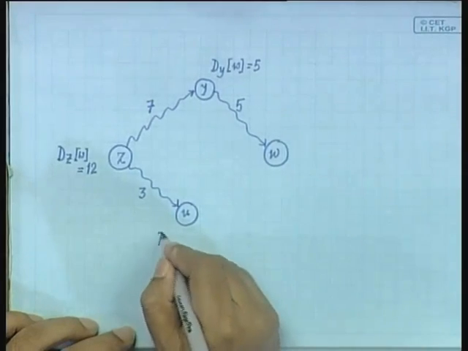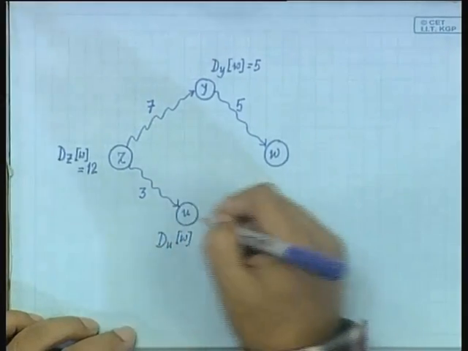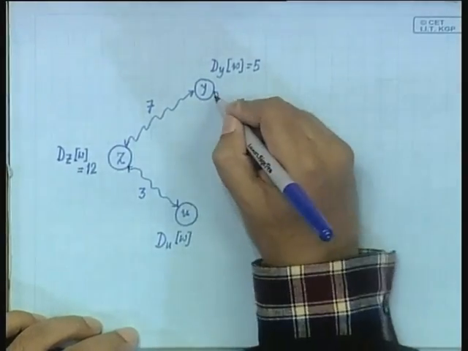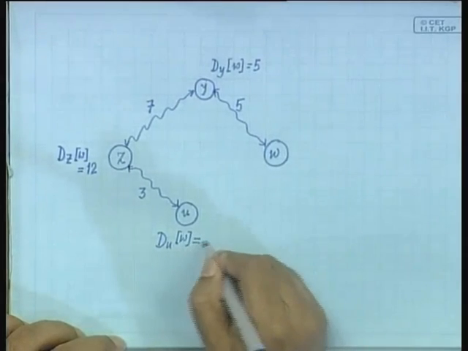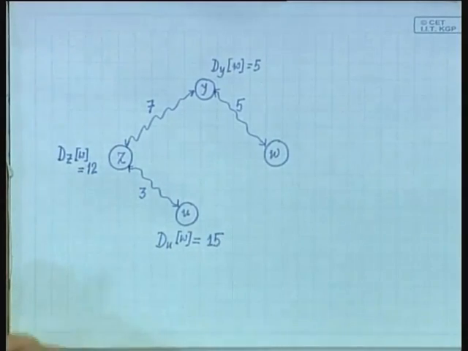What is duw? No, these are all bidirectional channels. So I just drew the arrows, shouldn't have drawn the arrows. So what is this? 15, right.